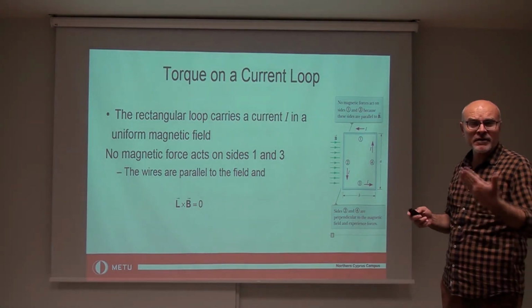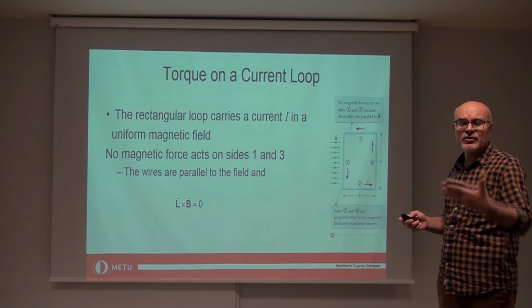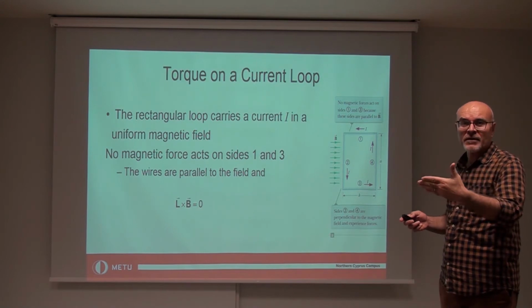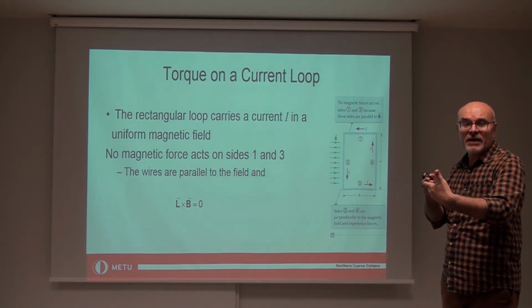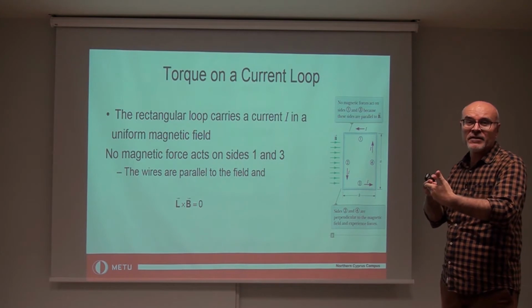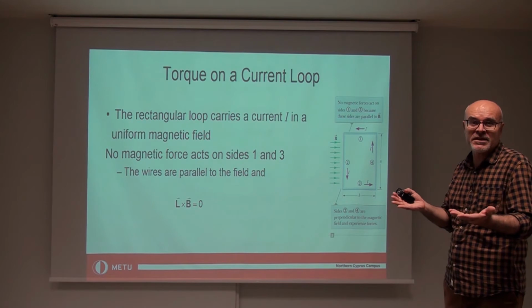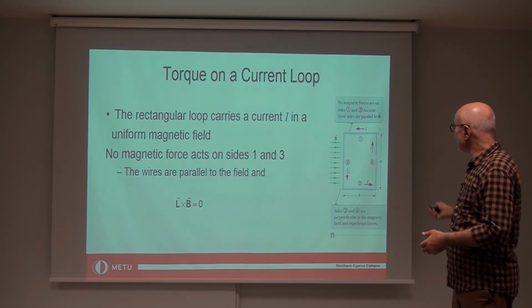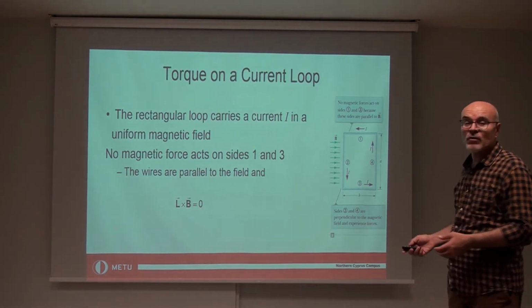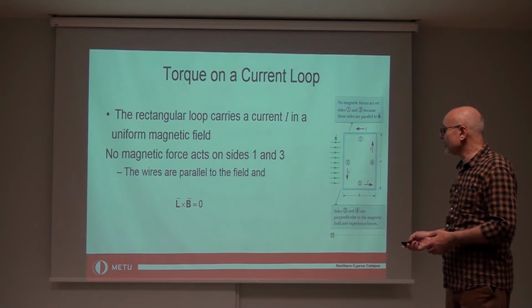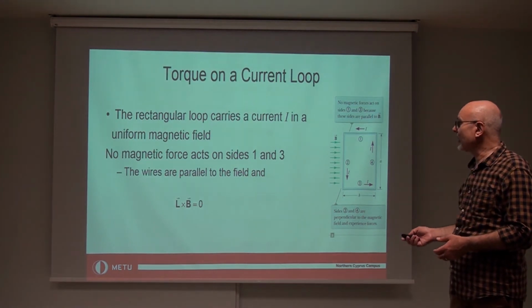You remember the relation I L cross B. If L and B are parallel or anti-parallel, the cross product is zero. So sides 1 and 3 will not feel any force because of this fact.